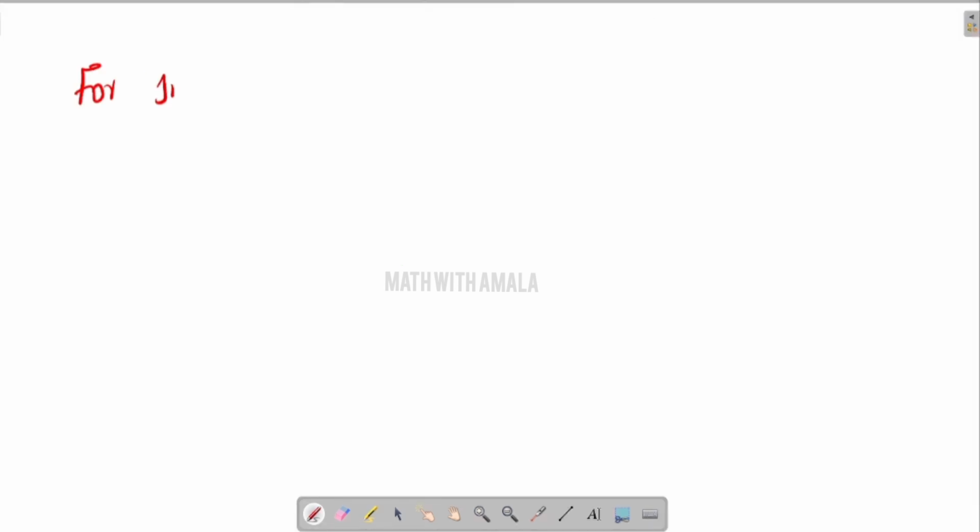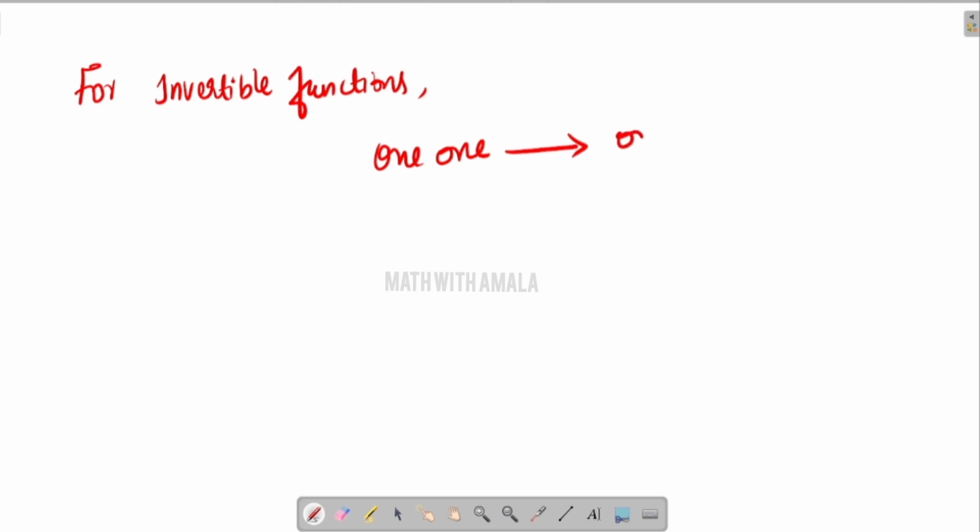Now let's look at some properties of invertible functions. When one function is the inverse of another, if that function is one-one and invertible, then it will automatically be onto also. Likewise, if it is onto and invertible, then it will be one-one.